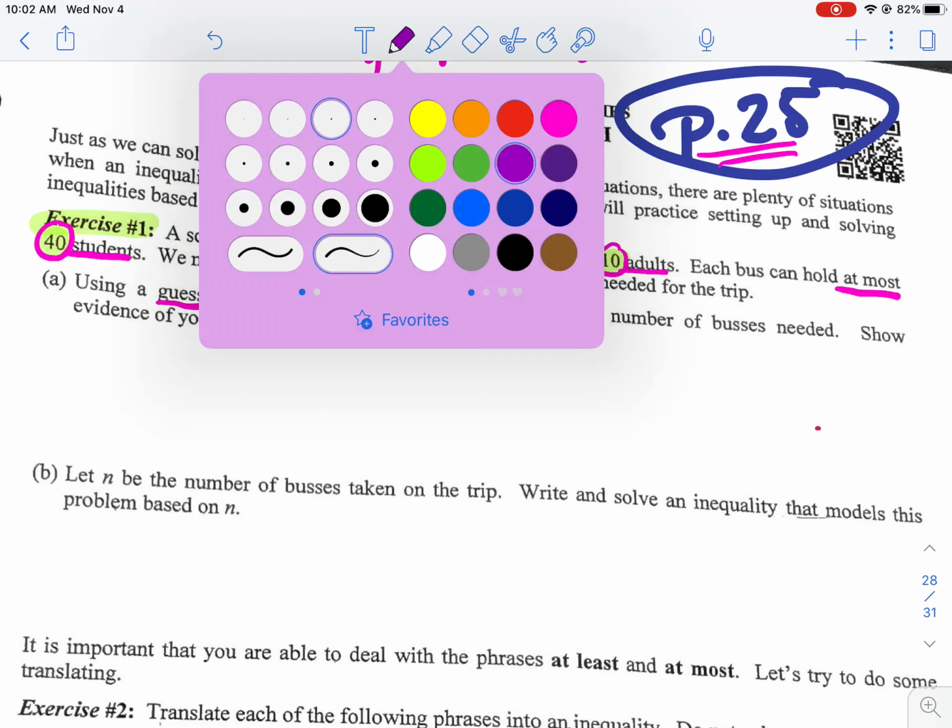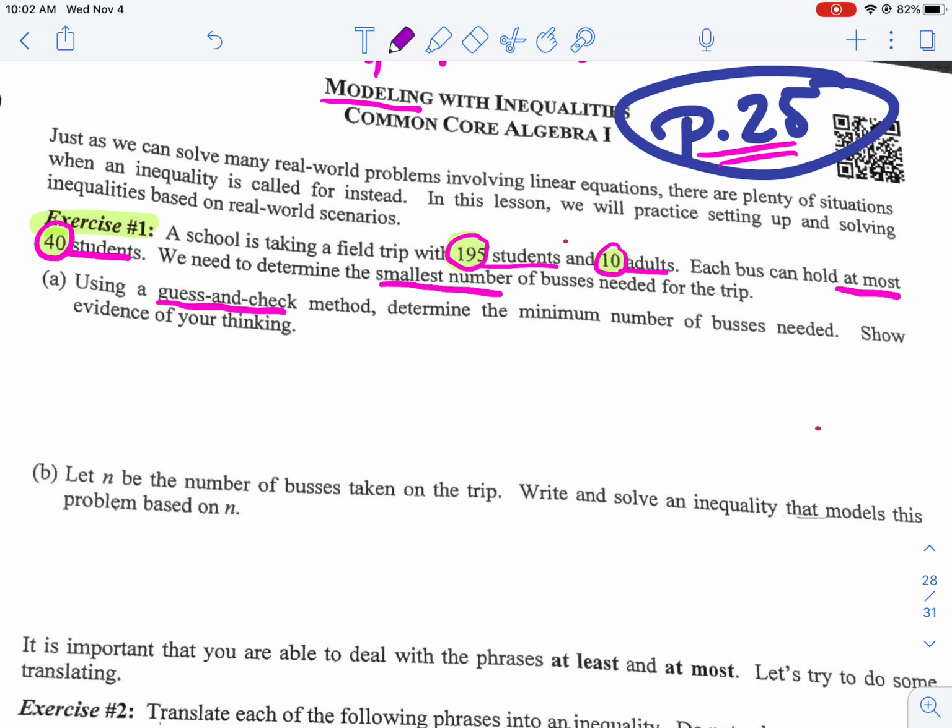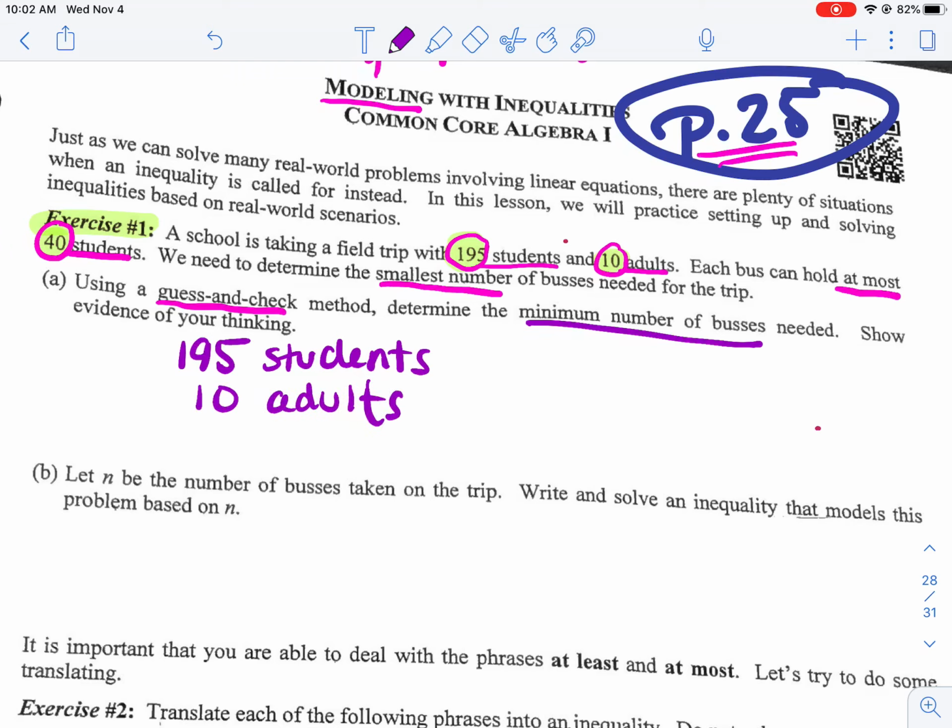So how are we going to solve this? We're first going to use a guess and check method to determine the minimum number of buses needed, which makes sense because in the real world you wouldn't want to pay for extra buses, right? We have 195 students, 10 adults, and each bus can hold at most 40 students.